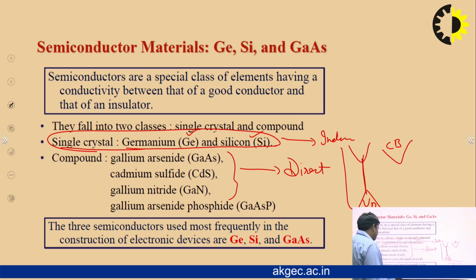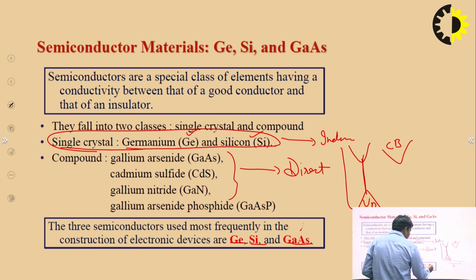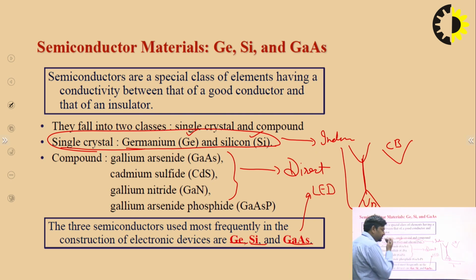Basically, we construct electronic devices, like a diode, using germanium, silicon and gallium arsenide. If we use gallium arsenide, the diode becomes an LED. LEDs are made from materials like gallium arsenide, and the simple PN junction diode is made from germanium or silicon.